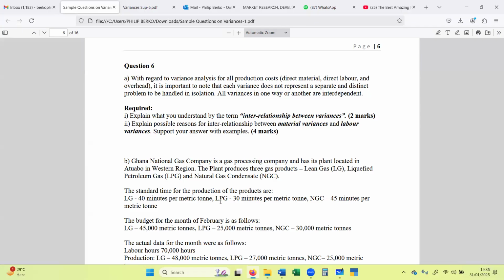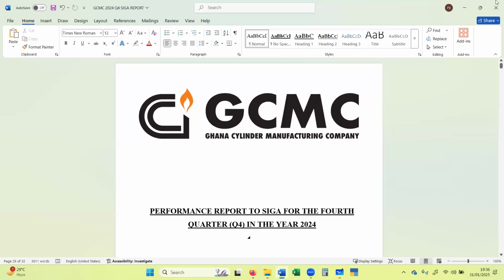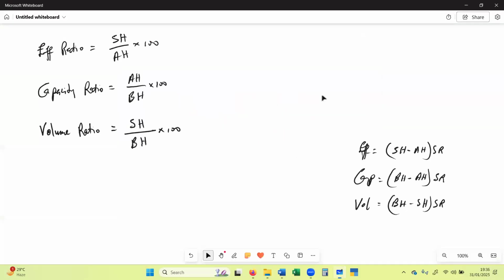All right. So when we say interrelationship between variances, it is such that when you calculate one aspect of variance and it is positive, then the reason why it is positive may be because another related variance is negative.